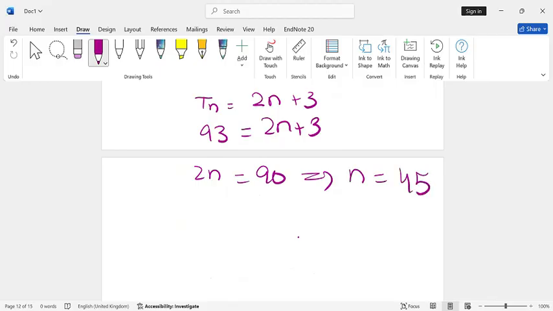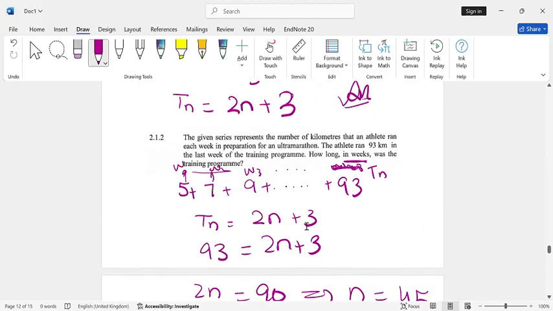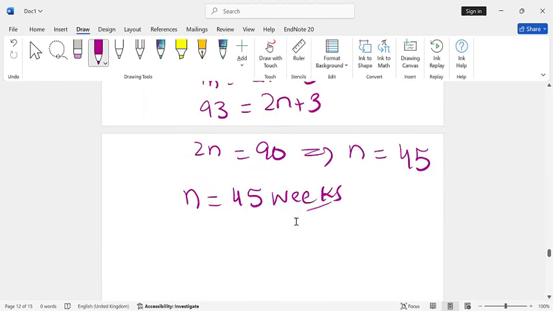So we can say that n equals 45 weeks. So the training program was 45 weeks. This is the answer of this question.